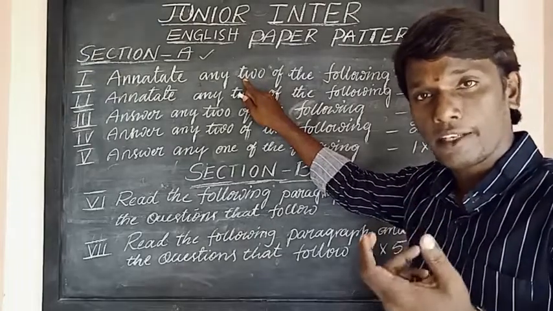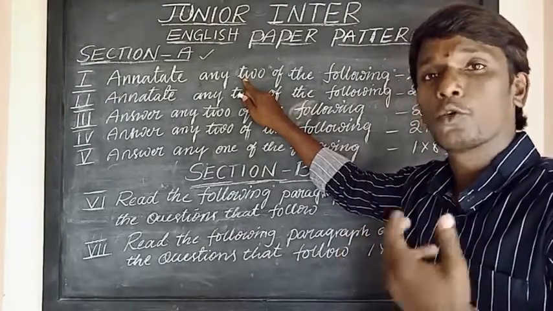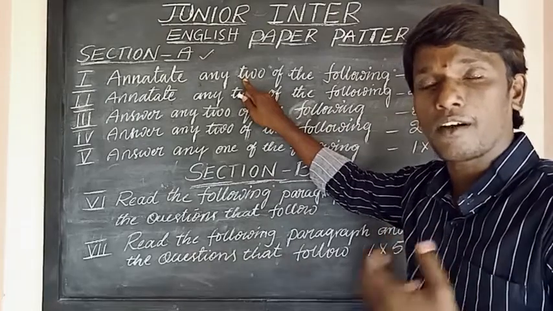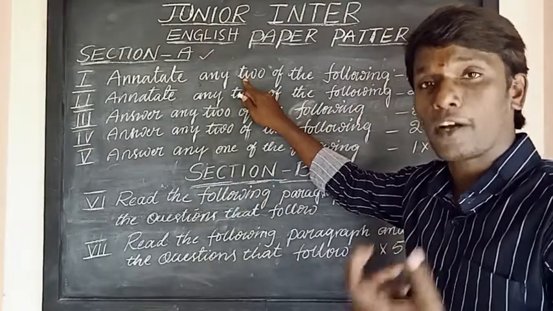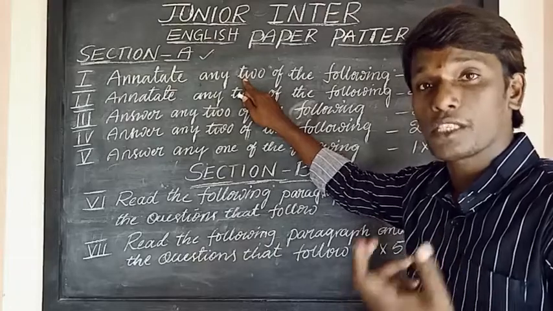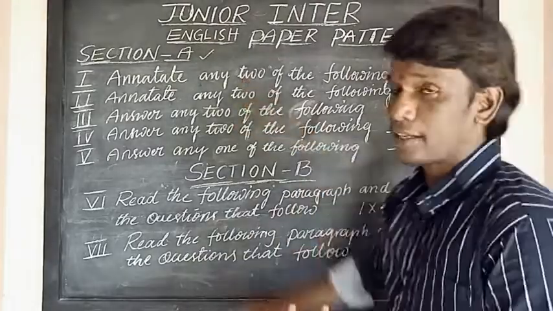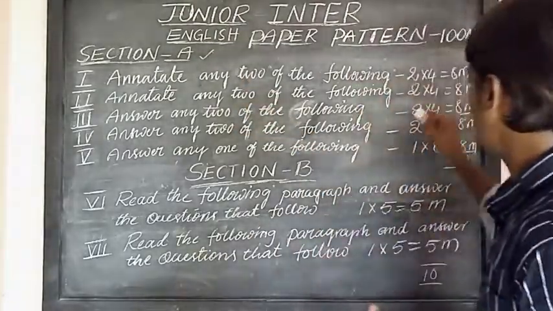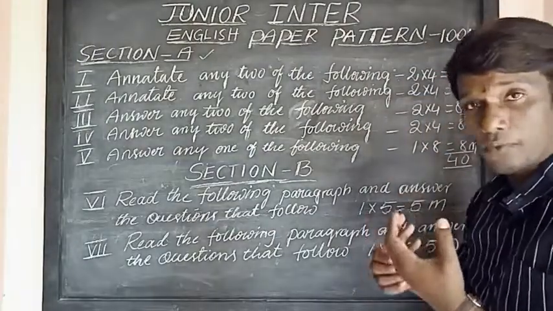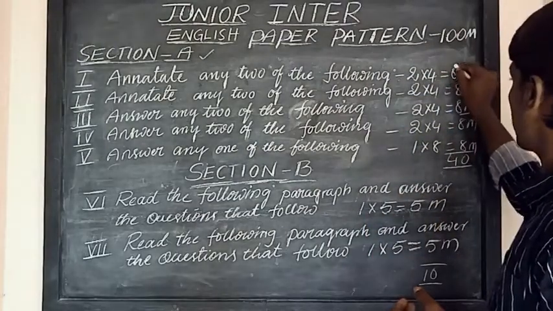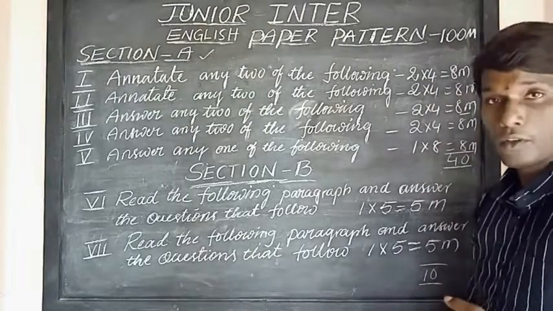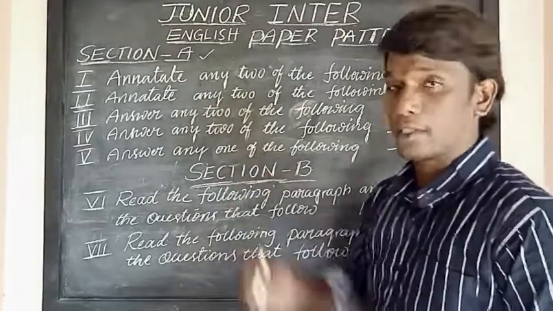There is a choice. You can write any 2 questions which you like for 8 marks. Each question carries 4 marks, 2 into 4 is equal to 8 marks. So that is all about Roman number 1.